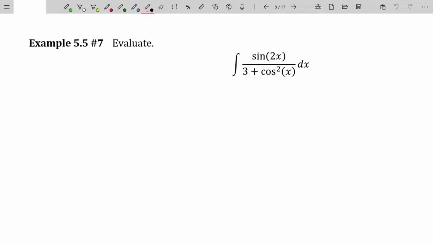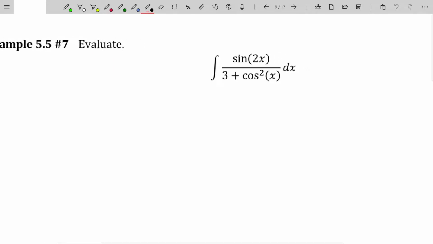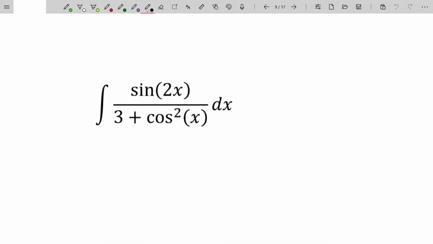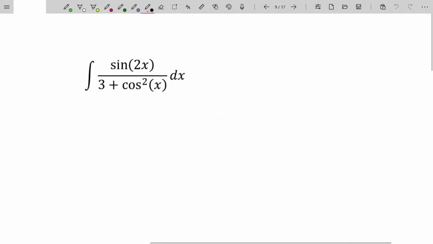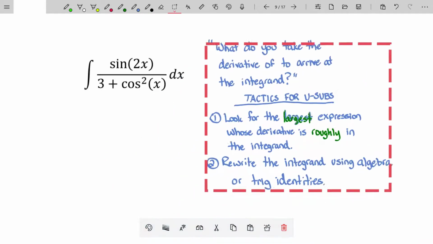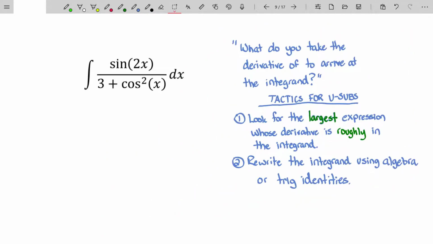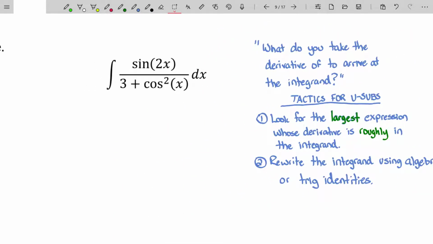So let's say you're working on an exam and you're faced with this indefinite integral and you stare at it, intimidated. You don't know what to do, right? You look at that and you say, I don't know the antiderivative of the integrand. I don't know what I would take the derivative of to arrive at that integrand, right? So you're thinking about this advice right here. What would you take the derivative of to arrive at the integrand? And you go, I don't know.